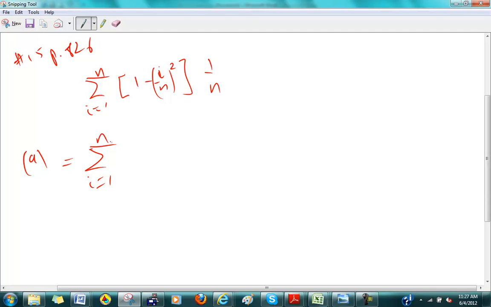Remember, we are in pre-calc. Guys don't remember poly over poly? Polynomial over a polynomial? You guys don't remember that? Okay, polynomial over a polynomial, that's a rational function. So what they're asking you to do is make that a rational function. In other words, they want a polynomial on the top and a polynomial on the bottom.